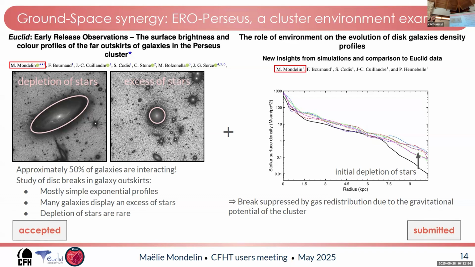And we have used simulations in order to interpret that. The main message of these two papers is that the cluster can produce tidal effects on the outer region of disks and produce higher star formation in the outer region of galaxies.